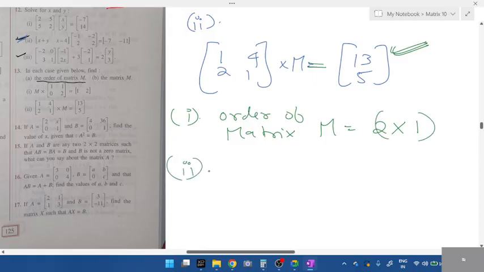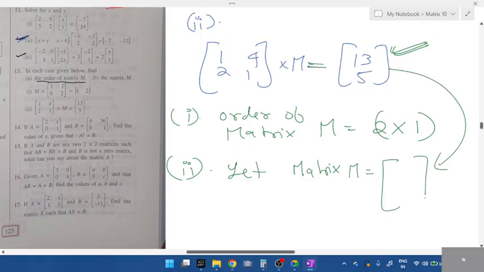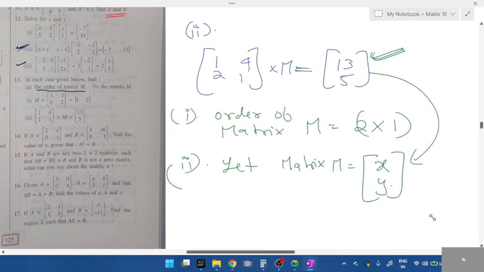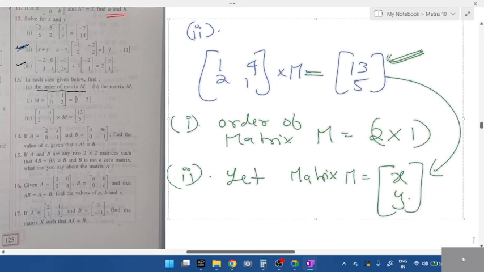Now order of matrix is done. Second one, find matrix M. So let what shall we take, students? Let matrix M be equal to, we need 2 rows and 2 columns. According to this, we'll take an alphabet. Shall we take A, B or X and Y? Anything is fine. Okay, let us take X and Y this time. In place of M, substitute X and Y. You can take any alphabet: A, B, C, D, L, M, P, Q, anything is fine.